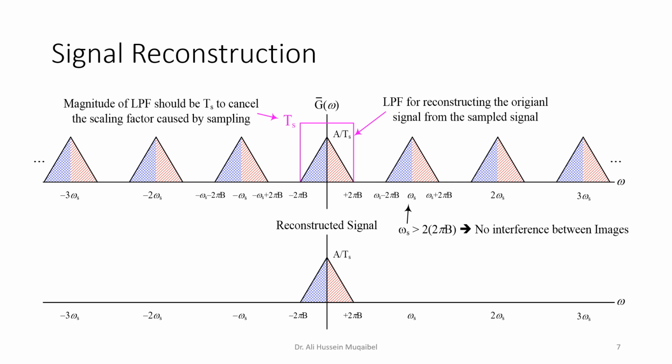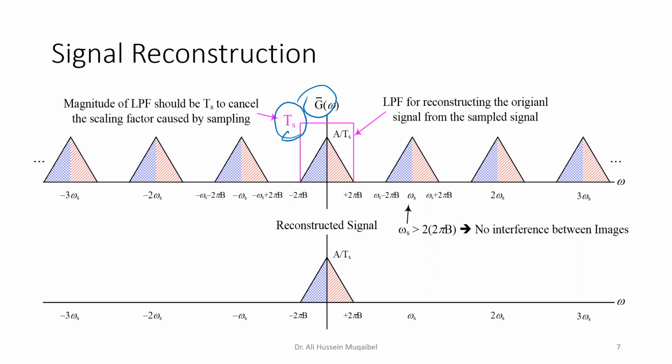All right. So now the upper spectrum is the magnitude of the sampled signal. Here the use of omega or f will not make a huge difference. So the magnitude of the low pass filter, if you want to recover the signal with the original spectrum and the original amplitude, then the amplitude or the gain of this ideal filter should be Ts.